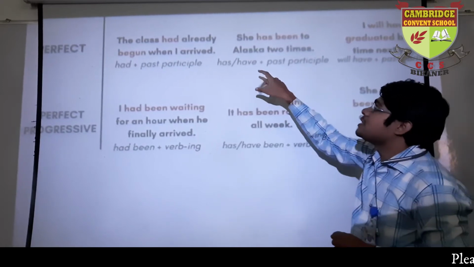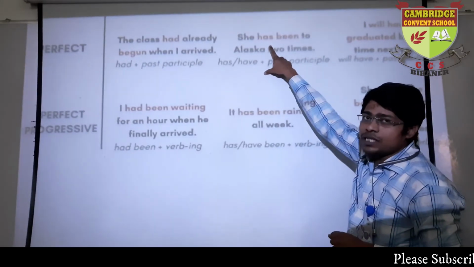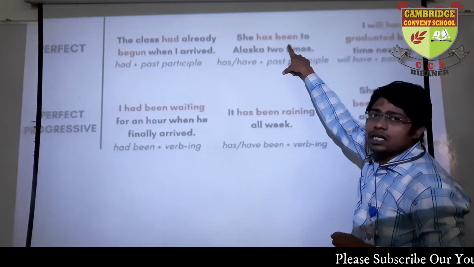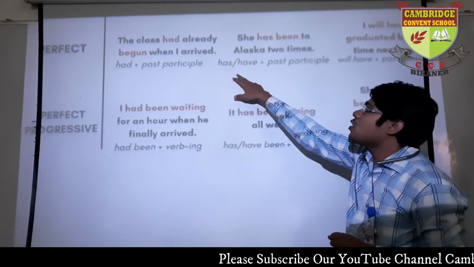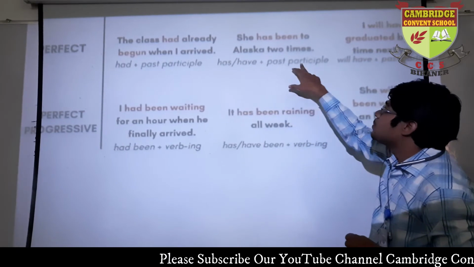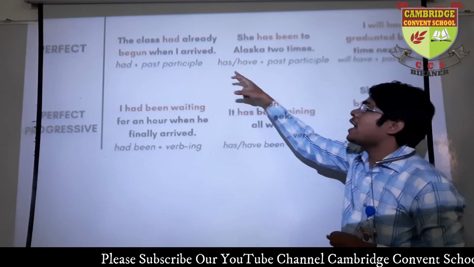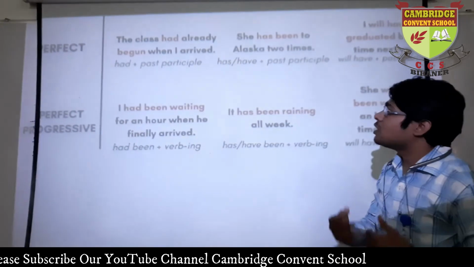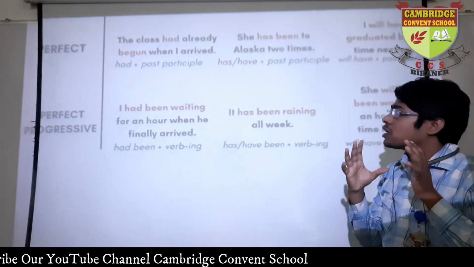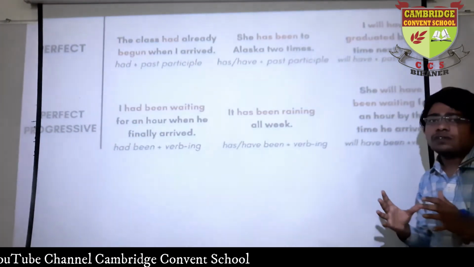Here we can see the helping verb in present form and the verb in third form. So the structure is has or have plus past participle. Where we use has and where we use have, we will discuss sometime later when we construct the structure of the tenses.